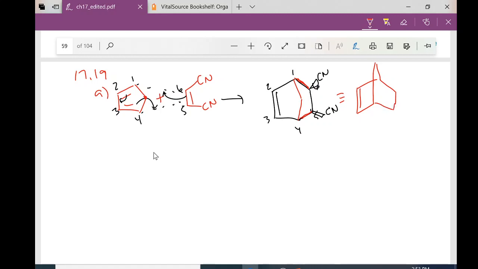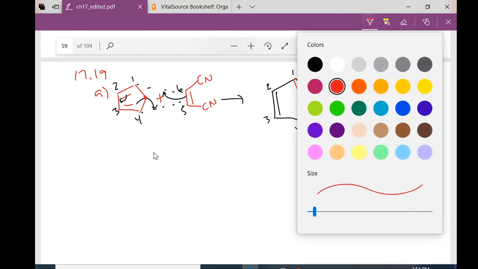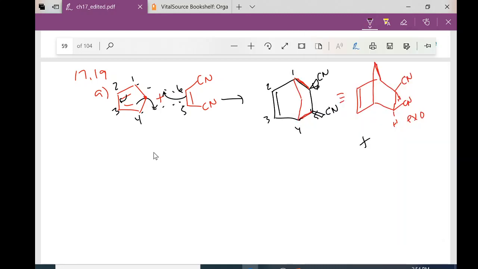It would look like this. Okay. And in this case, our cyano groups, we drew them up. Okay. And that is the exo isomer, but we also have the endo isomer possible.